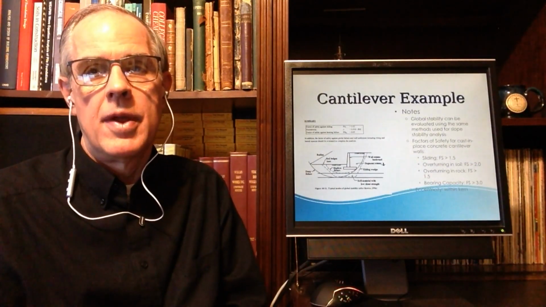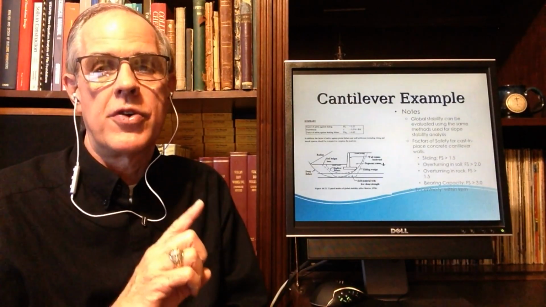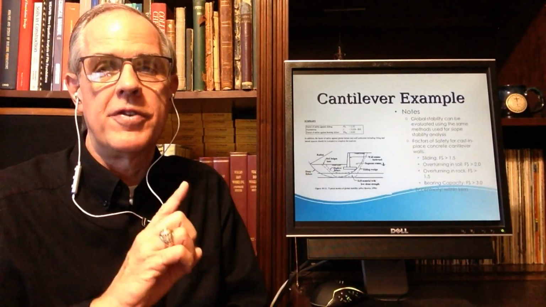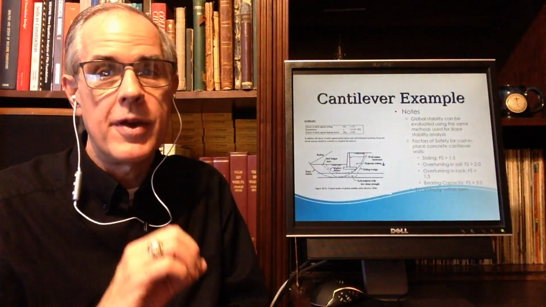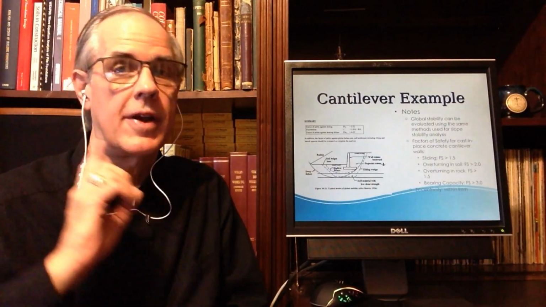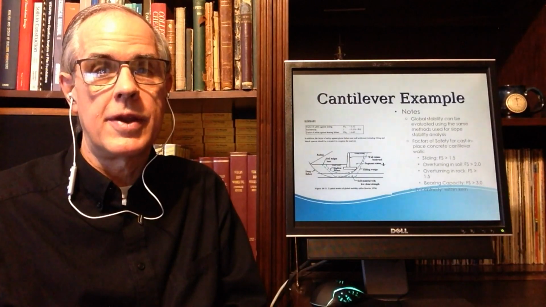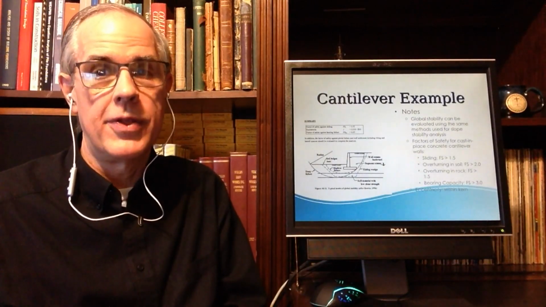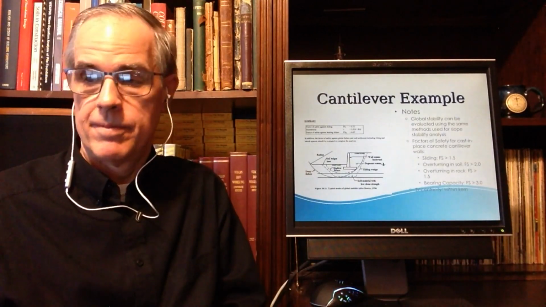But again, the important thing is, in this course at least, there's a difference between evaluating a factor of safety and deciding whether that factor of safety is acceptable. Many times computing a factor of safety is one thing. Deciding whether it's acceptable enough, that's a different story.